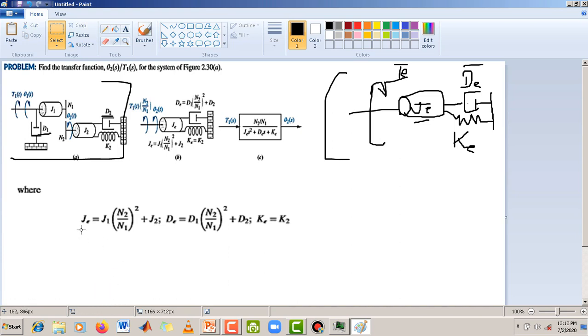For JE, you have to multiply J1 with the square of the ratio of N2 and N1, with addition of J2. So if you want to solve it, you can easily find it.